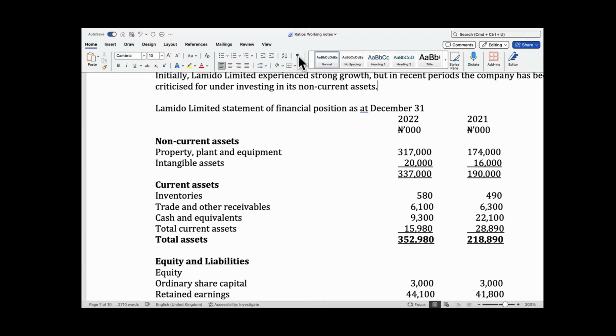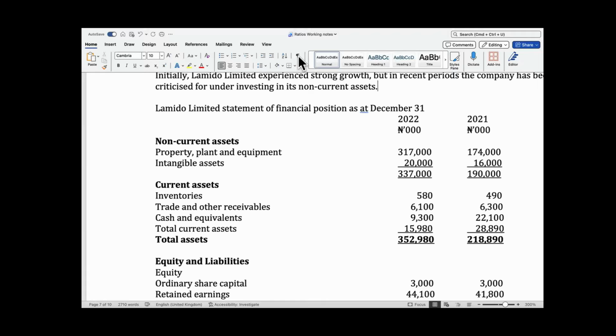So whatever ratio you compute would be impacted. The accounting policy choice of a company can impact whatever figure you compute as EPS.